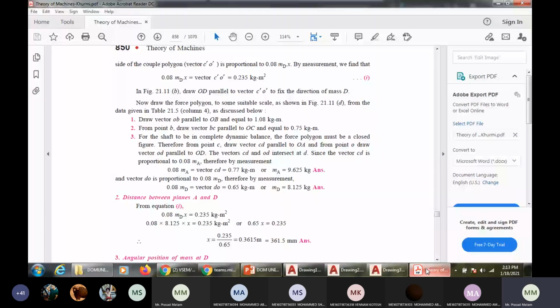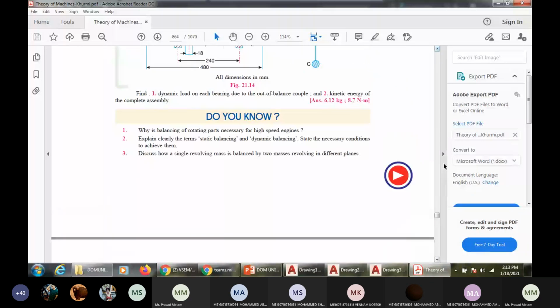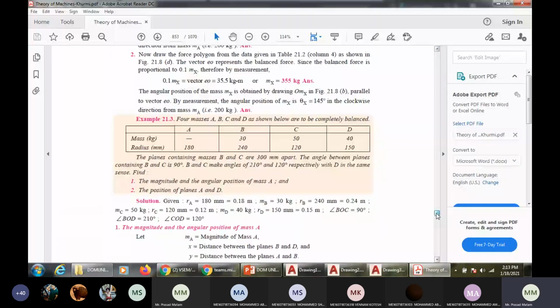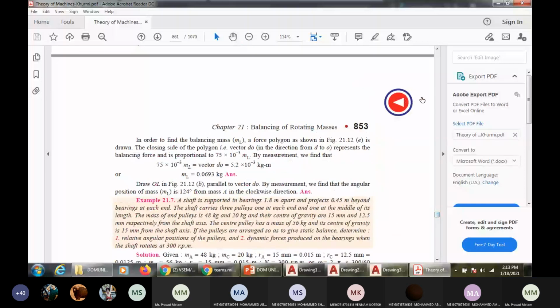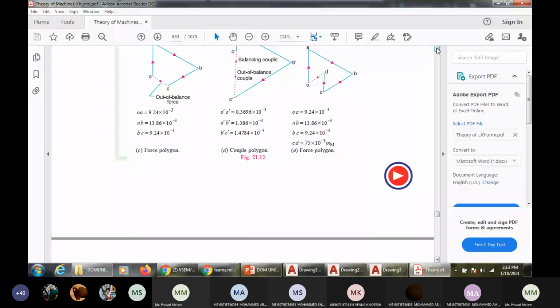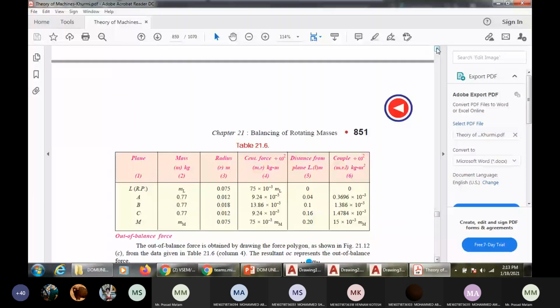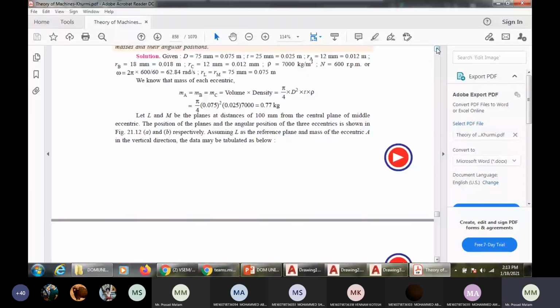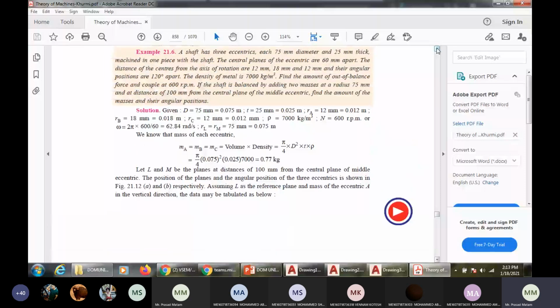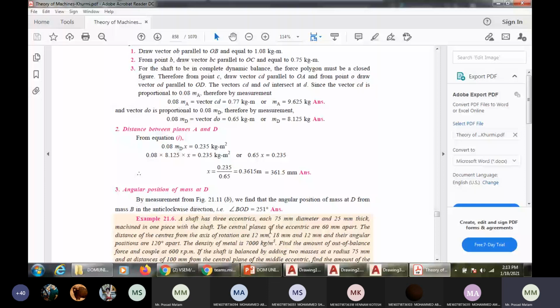And what about the angle? You can see the angle 251 degrees. 180 plus 77, how much am I getting? 180 plus 77, 257 I am getting.